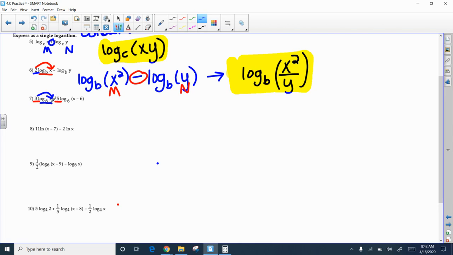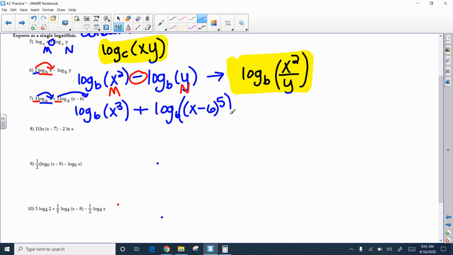So this 3 can go to the exponent of the x, and this 5 can go to the exponent of the x minus 6. So that's the first step. So I'm going to have log base 6 of x cubed plus log base 6 of x minus 6 to the 5th power.